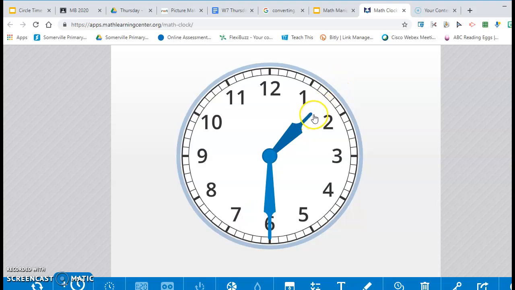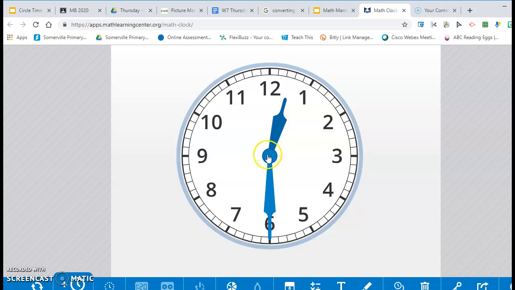So you might think, well, how do I know if it's 2:30 or 1:30? Well, we always look at the number before the hand, so we can see the 1 comes before the hand. So we know that it's 1:30, just as this would be 2:30, 3:30, 4:30, 5:30, 6:30, all the way back up to 12:30.